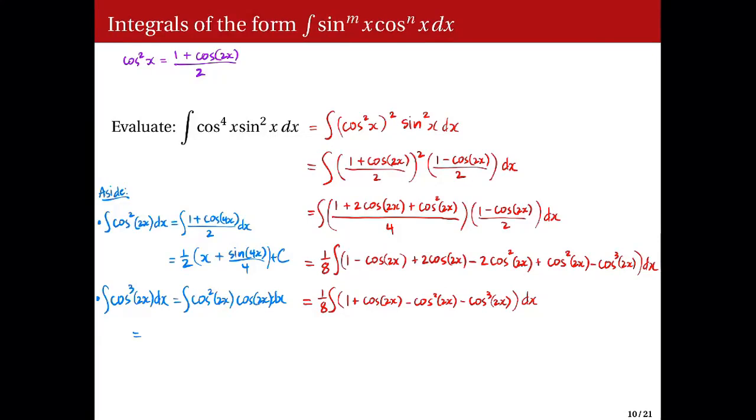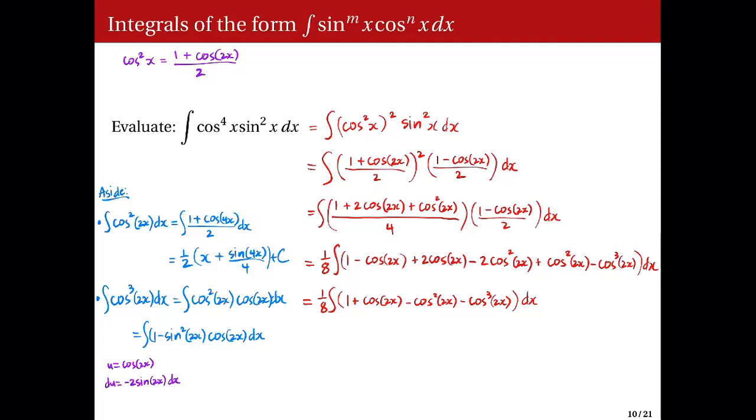And therefore, you can change cosine squared 2x into 1 minus sine squared 2x. Then you have cosine 2x dx. And then in here, you can let u be equal to cosine 2x. Du will be negative 2 sine 2x dx.